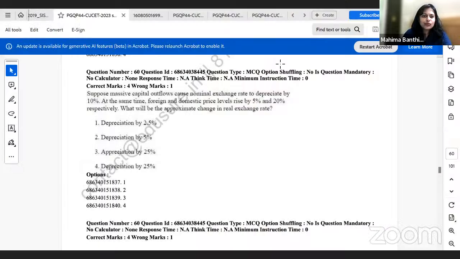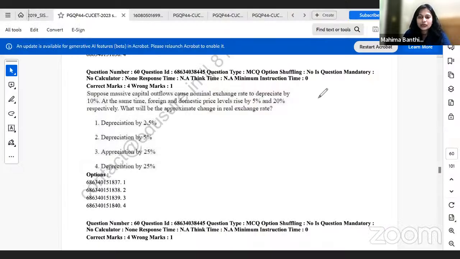Shift 2 question number 60 is what I'm being asked. All right, this is shift 2 question number 60.